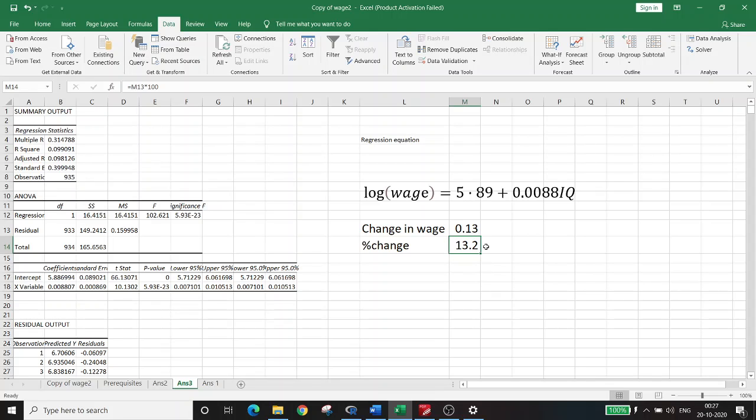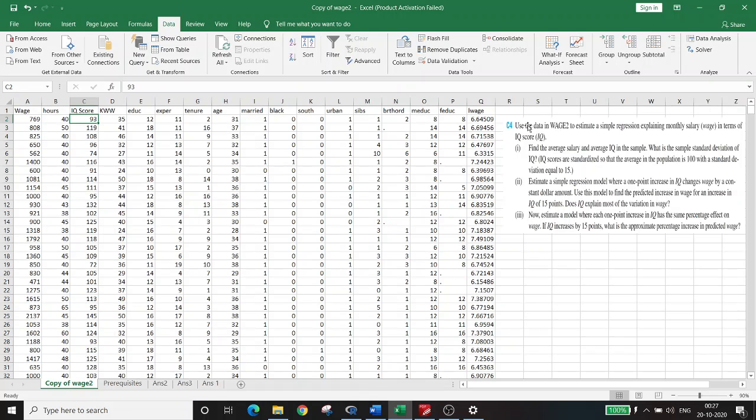So almost 13.2% increase is given by this regression model. So how do we interpret this? If IQ score increases by 15 points, on average, wage will increase by 13.2%.